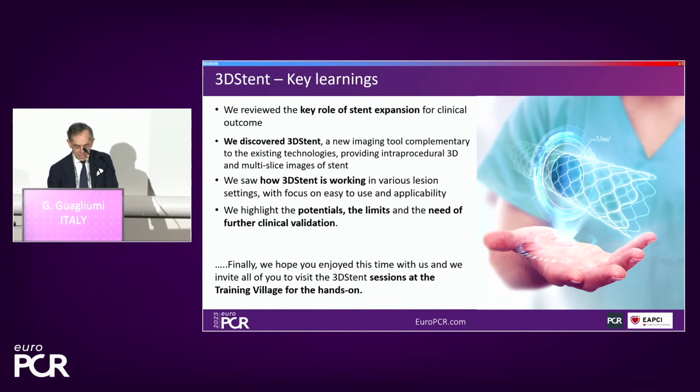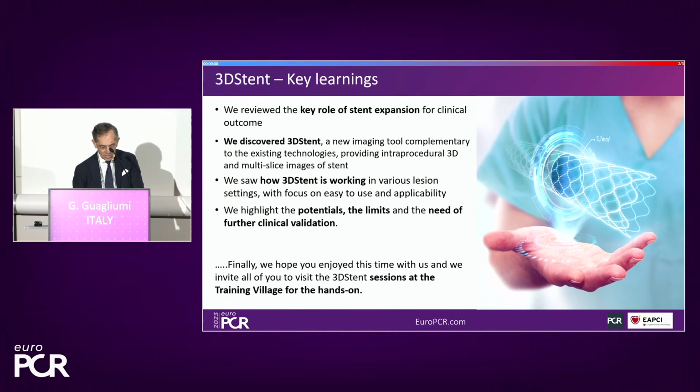Then we discovered the 3D stent, a new imaging tool complementary to the existing technologies, providing intraprocedural 3D and multi-slice imaging of the stents. We saw how the 3D is working in various lesion settings. Thank you very much, Akin, and thank you, Carlos, for your example. We highlighted the potentials, the limits, and the need of further clinical validation.